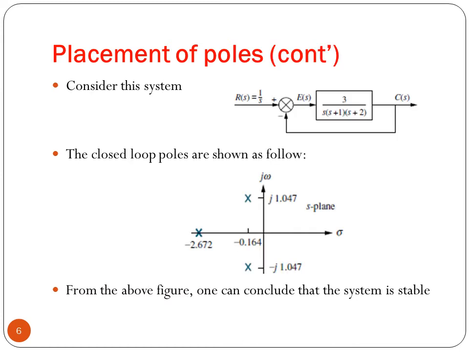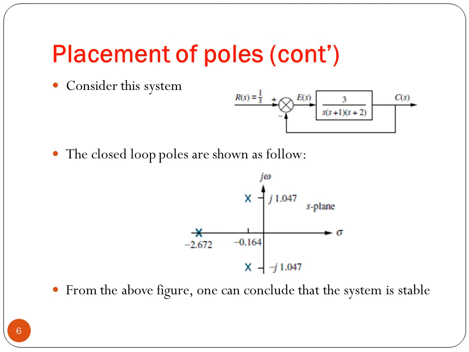So consider, for example, a closed loop system where we have only a plant whose transfer function is 3 over (s+1)(s+2), and a step response.